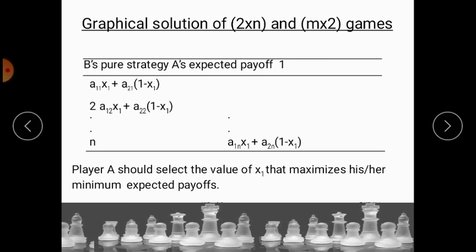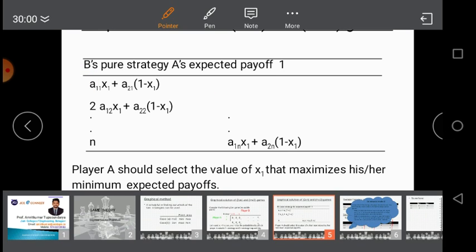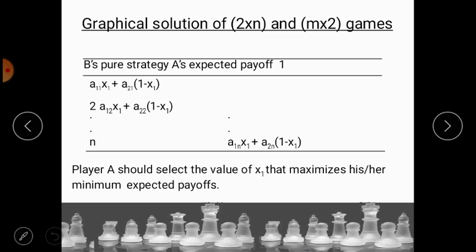Like B's pure strategy, A's expected payoff is, from the matrix you can see, from a11 and so on up till n. This is slightly disformatted. Here it is 1, 2 and so on up till n.